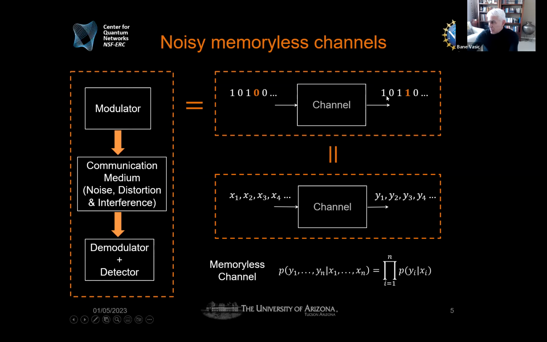Ideally, it is the same, but for example, here we show that there is one error. So what is the channel? We describe the channel by a statistical model. Let's suppose that x1, x2, x3, x4, etc. are input bits. These are zeros and ones, and y1, y2, y3, y4, etc. are channel outputs.